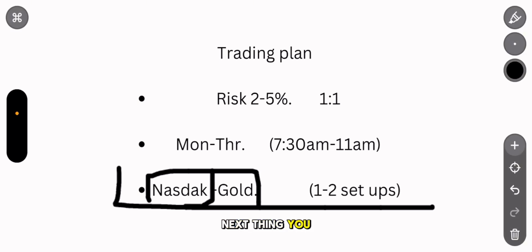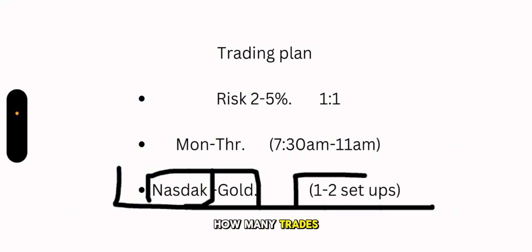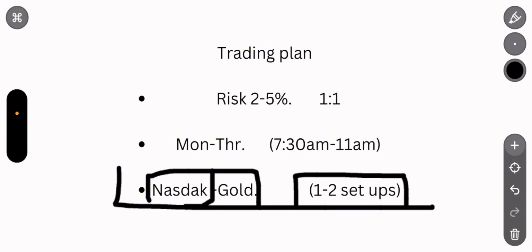So for the next thing, you want to know how many trades are you willing to take that day, right? Me, I have it set up where I'm only willing to take 1 or 2 trades that trading day. If I take 1 trade and I win the first trade, then I get out the charts.